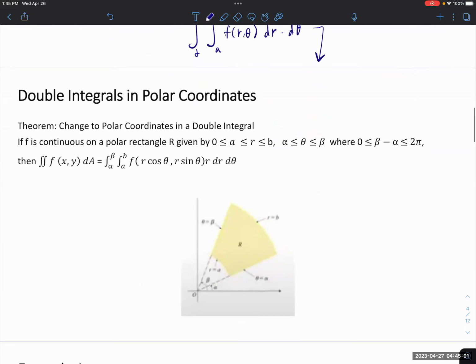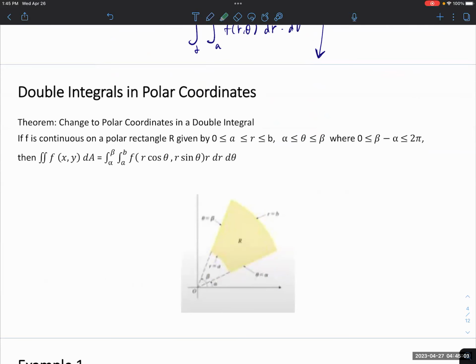So here, this is exactly what we are going to use to take the double integral in polar coordinates. If you have the interval for each R, the information for the double integral, this is the way. This is the rectangular coordinate; you can convert it to the polar coordinate and then take the double integral.